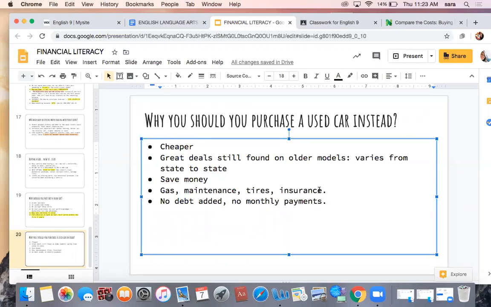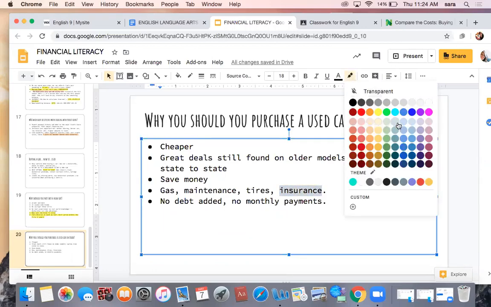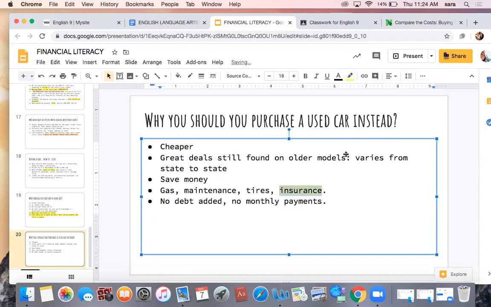If CHP ever stops you, the very first thing that they ask for is license and registration, plus proof of insurance. If you don't have proof of insurance at the moment, you'll get a ticket for upwards of $1,000 for not having insurance.